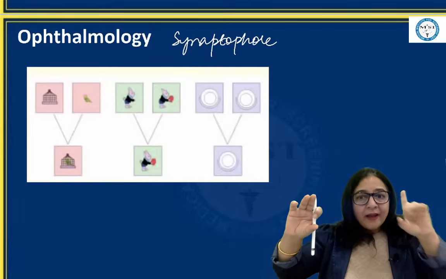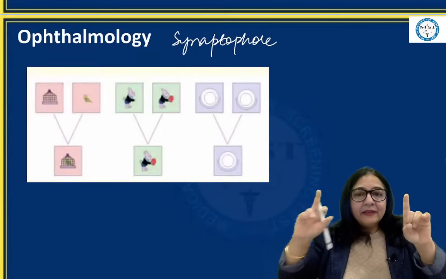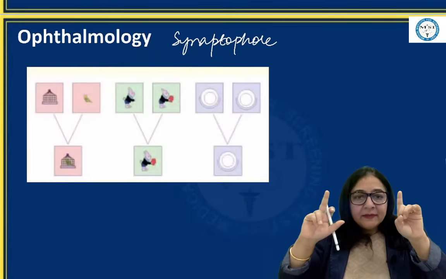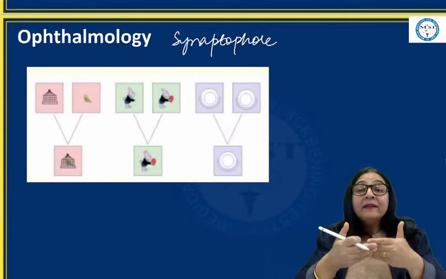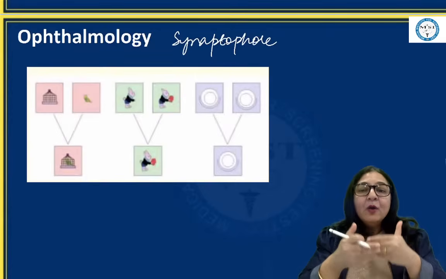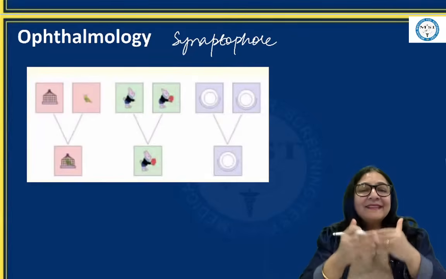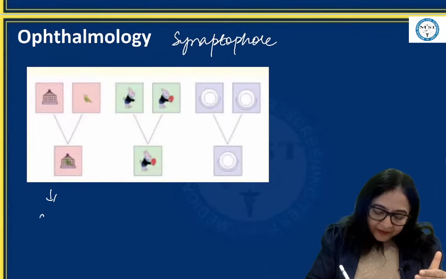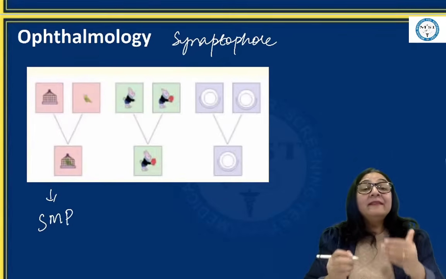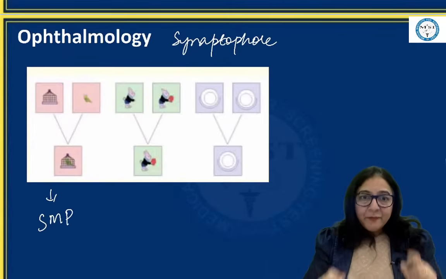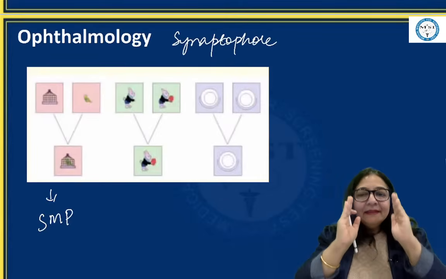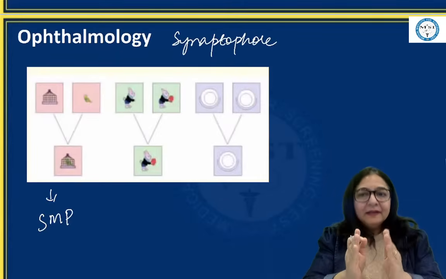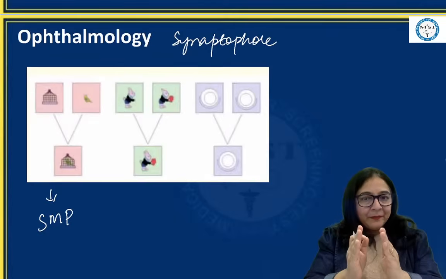One eye is presented with the slide of the cage, the other eye is presented with the slide of the bird. The person who has normal simultaneous macular perception will see the bird in the cage, because the image is simultaneously being formed in the macula of both eyes.